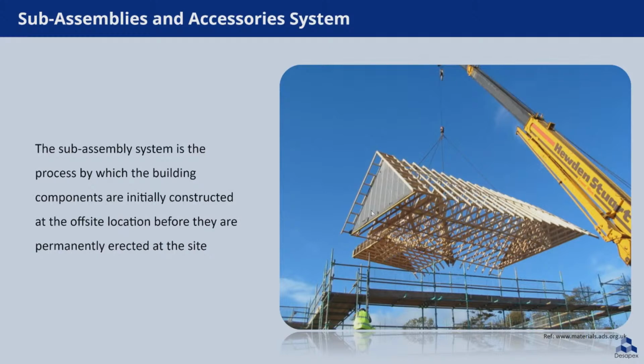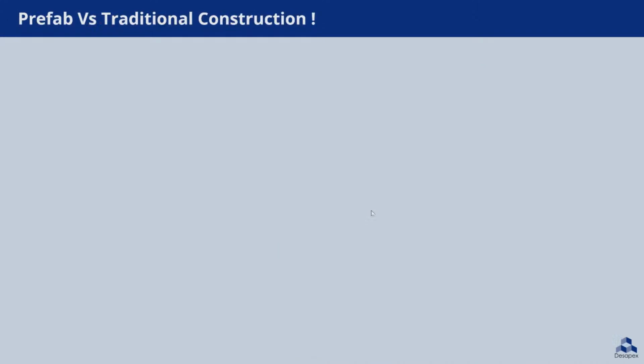Now that we know what prefabrication construction is and the different methods, let's go over the key differences between prefab and the traditional construction process. Traditional construction is what many of us associate with any sort of job site or construction zone.